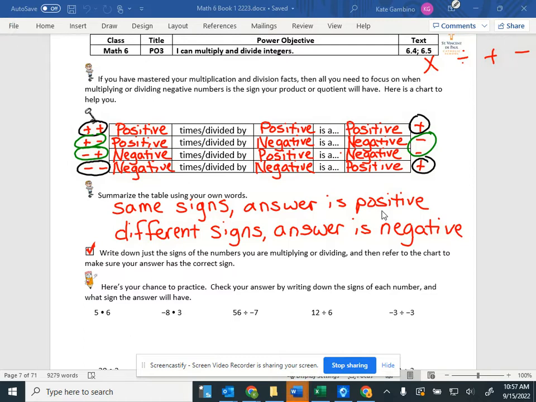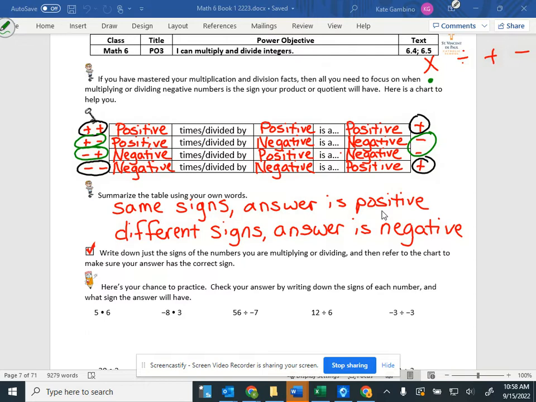But my multiplication, I can write it as just a dot. Why do you think we would want to use a dot instead of an X? Any guess as we're getting into middle school math? Because it's less space? Not that it's less space, James.